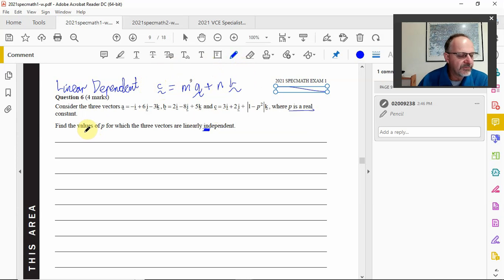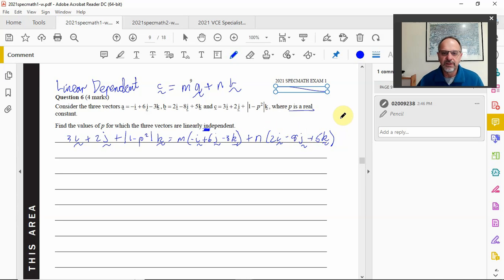All right, so if that is the case, then C is 3i plus 2j plus the absolute value of 1 minus p squared times k, and that is m lots of A, which is negative i plus 6j minus 3k, plus n lots of B, which is 2i minus 8j plus 5k.